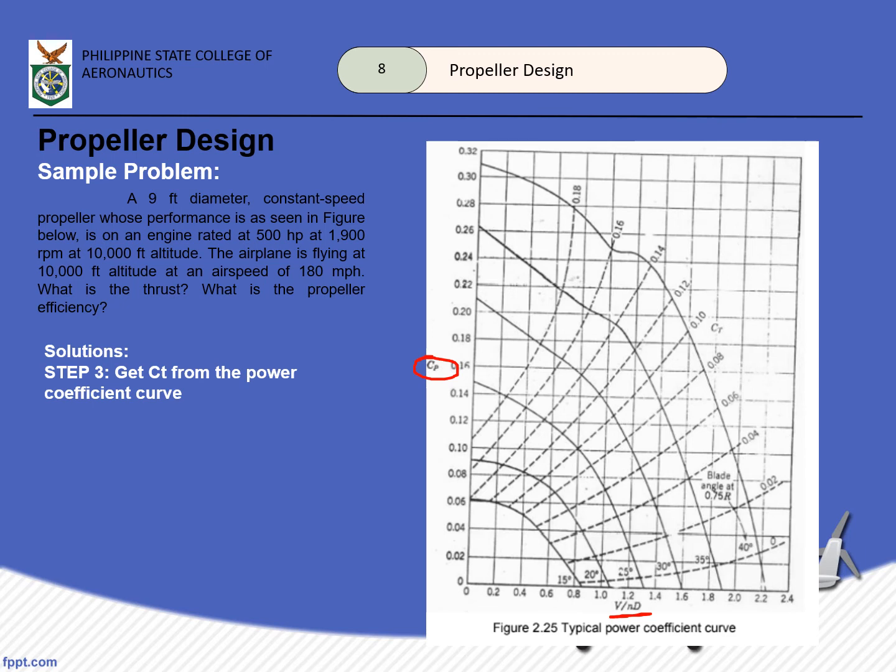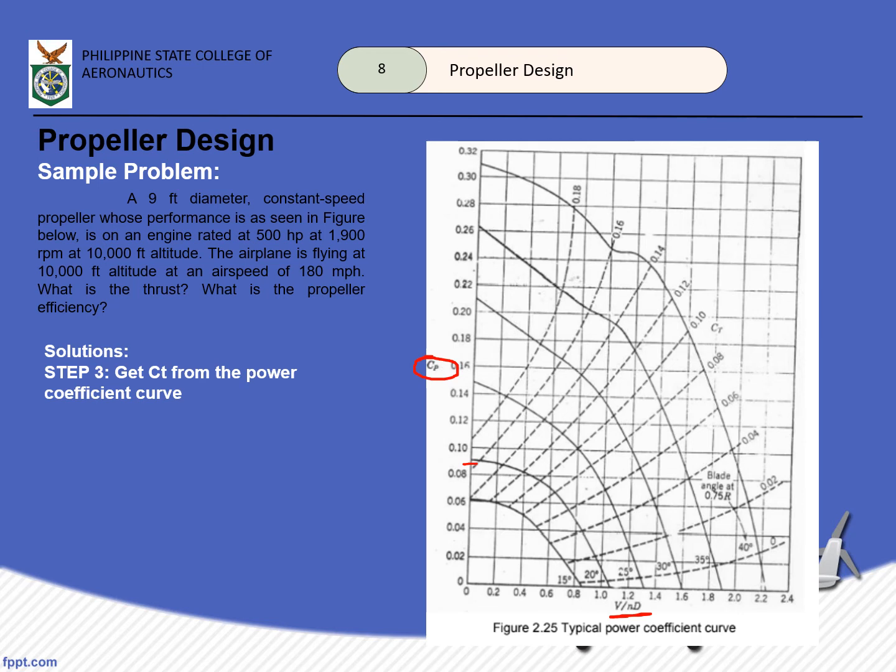If this is 0.8 and 1, it would fall right there. Our CP is 0.0835, so that would fall somewhere here.